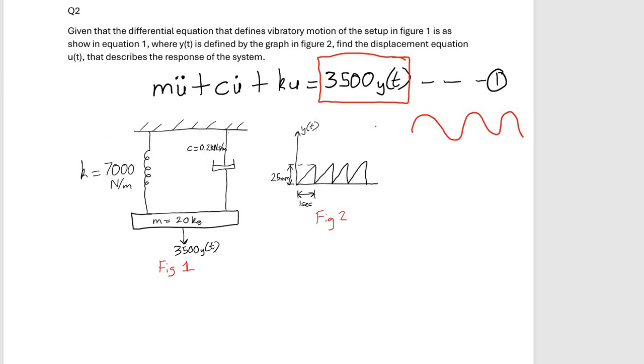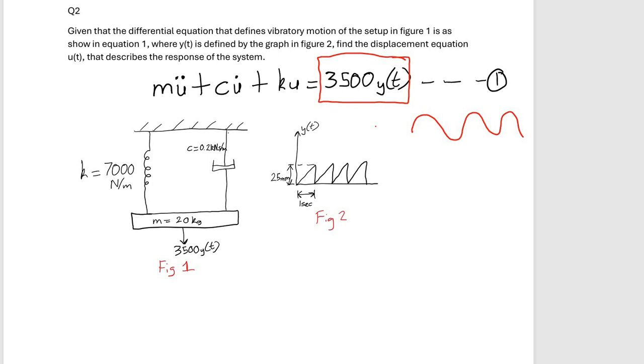So what we are going to do in that case is convert a periodic force into a harmonic force, because from theory we have general solutions that are attributed to harmonic excitations.